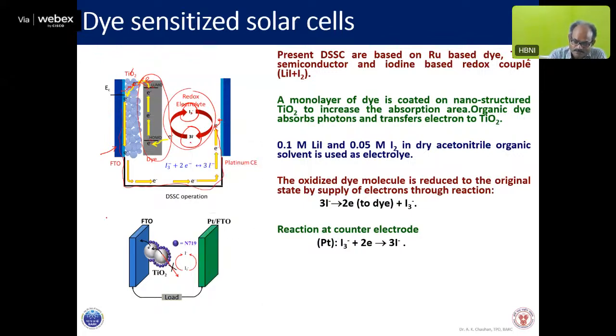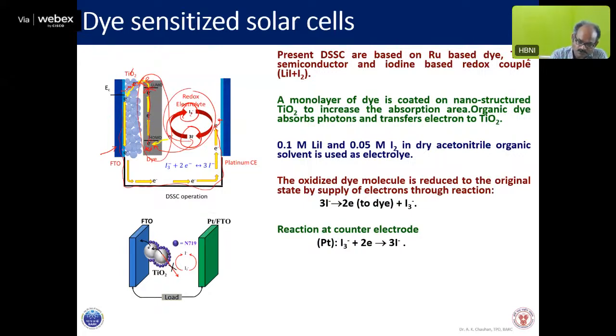Now what happens? This hole which was left now needs an electron. So this electron will be taken from this 3I minus, it goes here, and it gets converted back into I3 minus. So effectively what has happened? Suppose there was one electron here. This electron is first excited to this level by absorption of a photon. That electron moves here, it goes to TiO2.